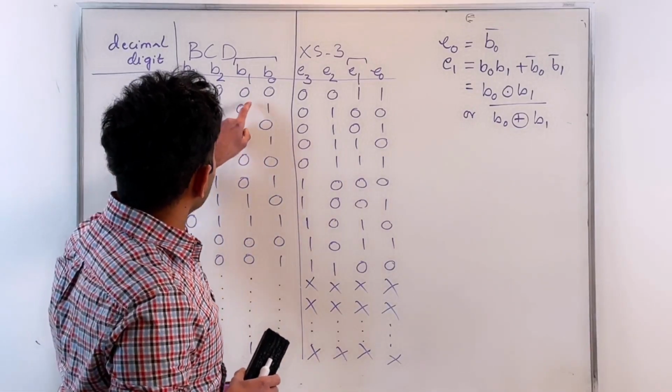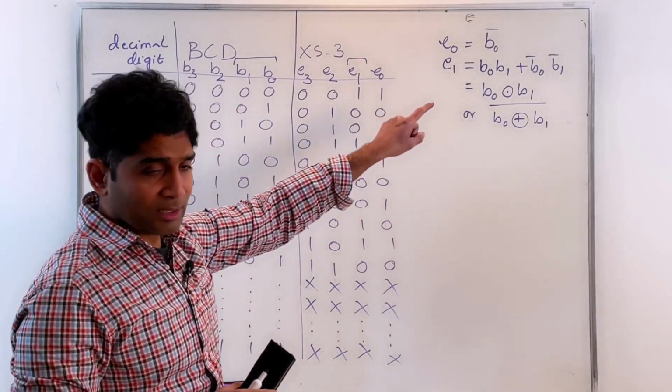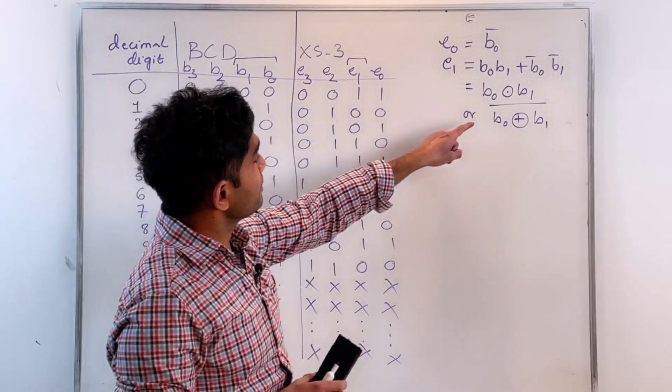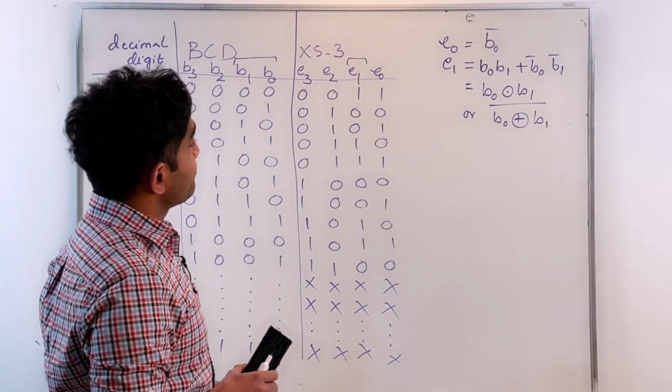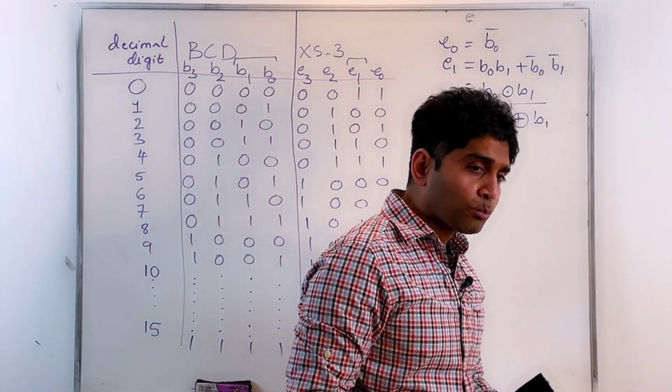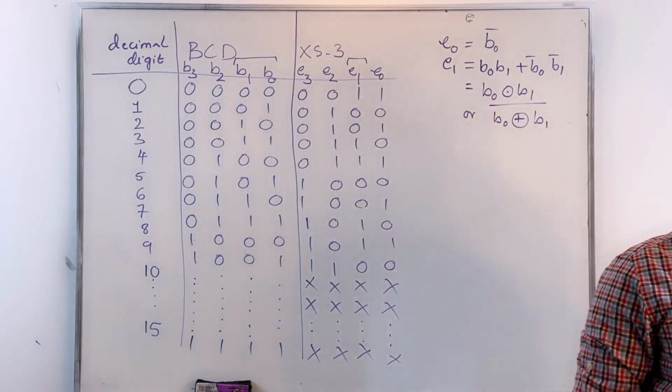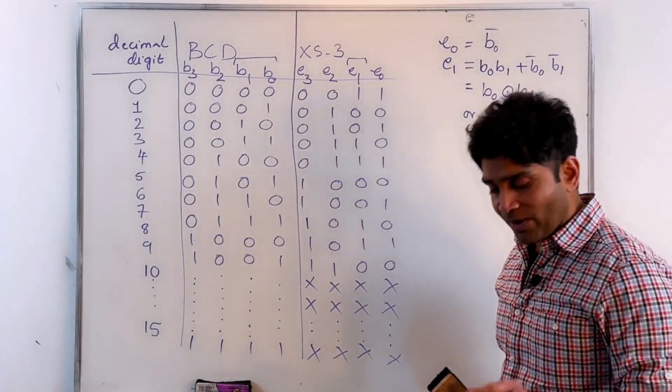Now, if you recall, my XOR or XNOR, let's take the example of XNOR. For an XNOR gate, the output is 1 when both the inputs applied are the same value.